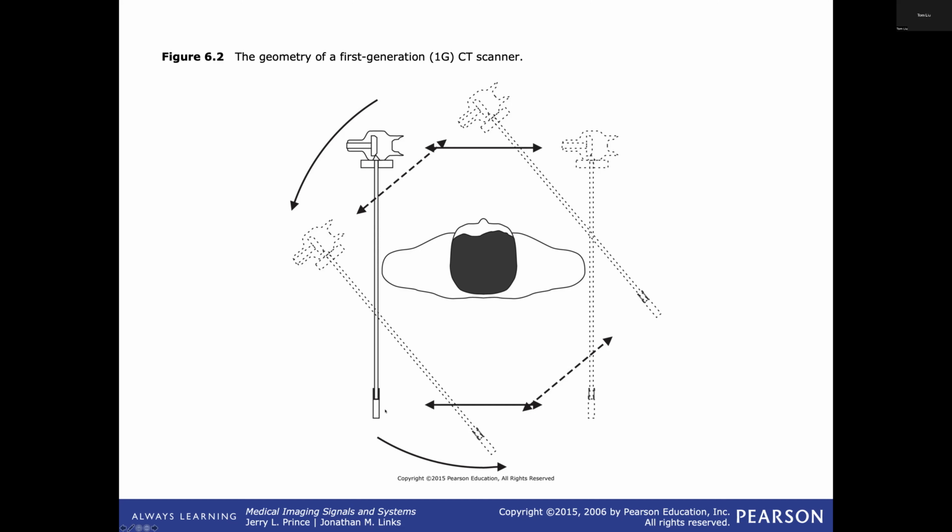Because who would have thousands of detectors? That's so much data. So a single detector, and you would raster across the patient, and you would measure how many X-rays hit the detector as a function of position across the patient, right? And so that would give you one view through the patient, through their chest, out their back. And then you rotate the whole system, and you do that raster again at a different angle, right?